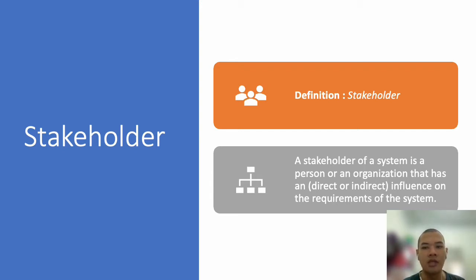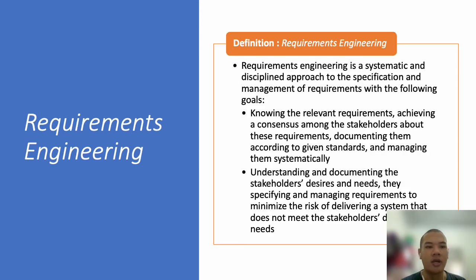And next, we will talk about requirements engineering. The definition of requirement engineering is a systematic and disciplined approach to the specification and management of requirements with the following goals: knowing the relevant requirements, achieving a consensus among the stakeholders about the requirements, documenting them according to a given standard, and managing them systematically.